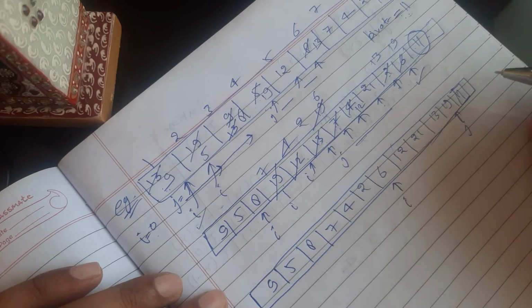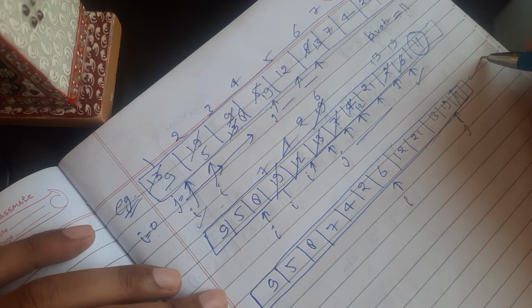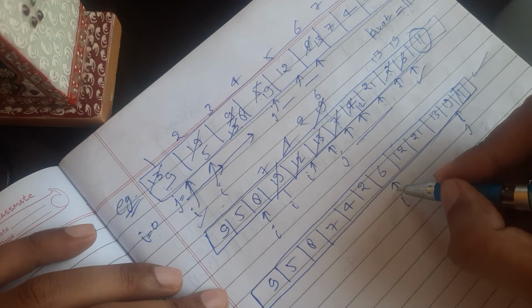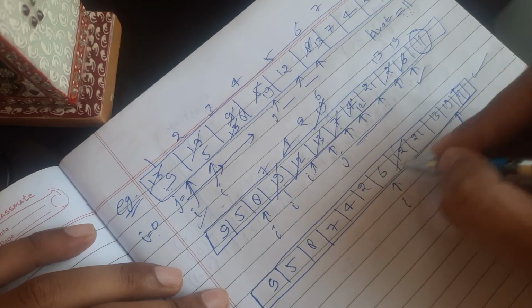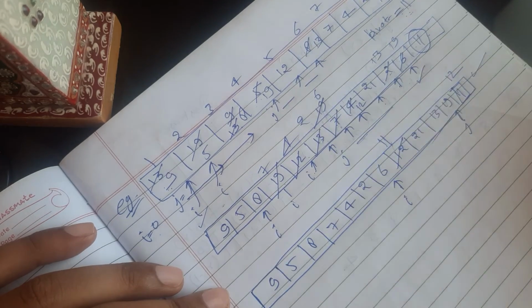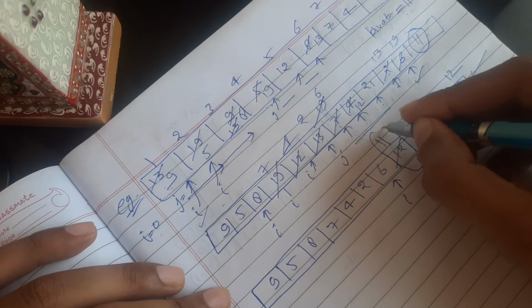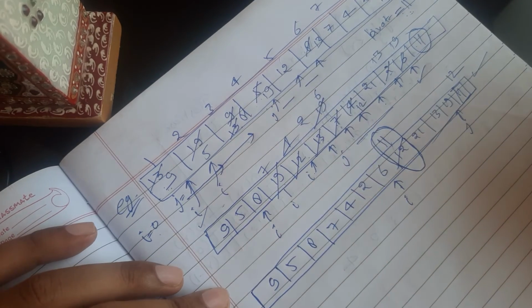Then the for loop is over. Then we exchange A of I plus 1 with A of R. Then we exchange A of I plus 1, which is 12, with 11. Then it is giving the right position of I plus 1.